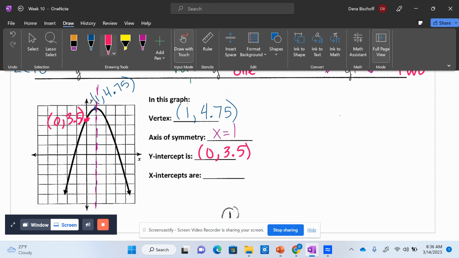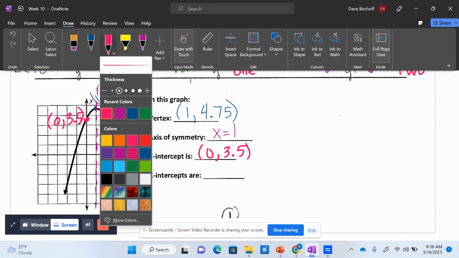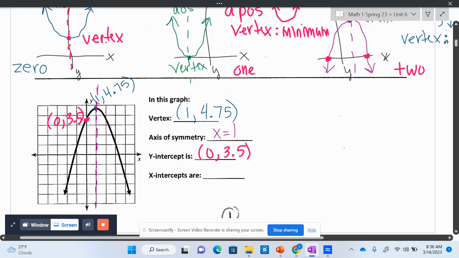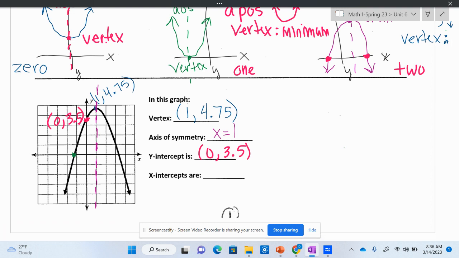And then we have to find the two points where our graph crosses the x-axis. I said it crosses the x-axis here and here, and I named those two points. I know it's not a great picture, it's because it shifted.